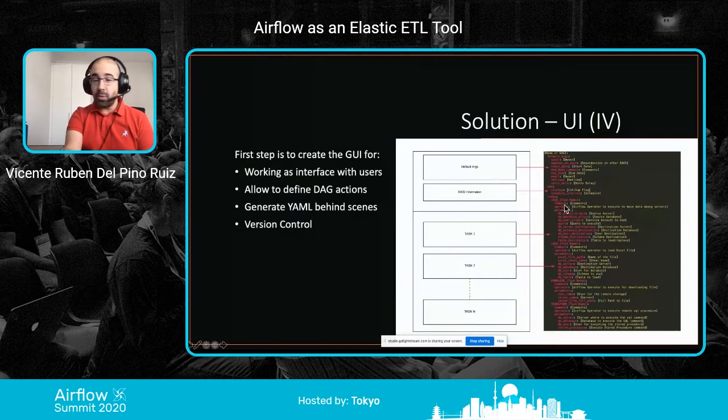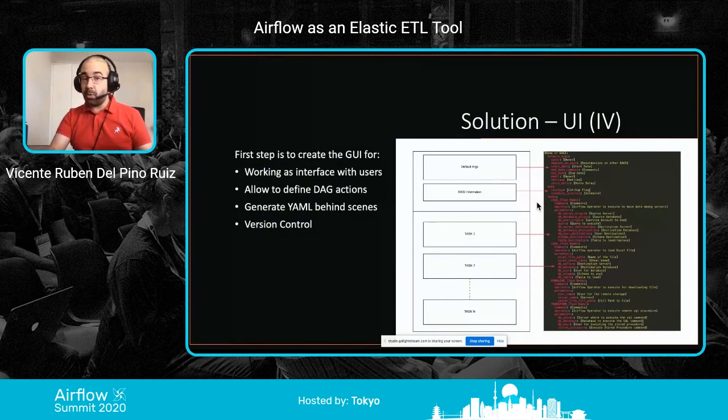What our UI is doing is choosing the right Airflow operator for the operation that you want to do. If you want to move data from SQL Server to Oracle, our UI is saying, hey, the operator that we need is this one specifically because we are moving data between SQL Server and Oracle.